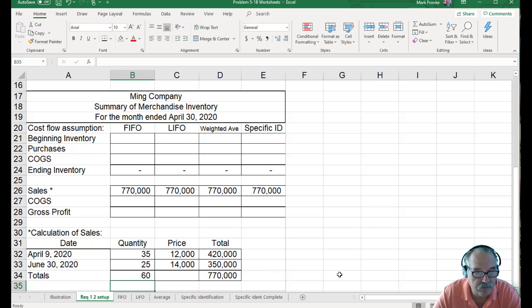And we're going to then schedule out the FIFO, LIFO, weighted average, and specific identification cost flow assumptions, and then plug the numbers in here and compare. So let's get started with the FIFO.